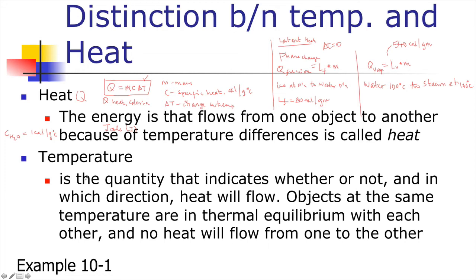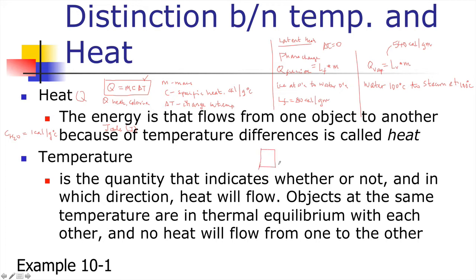Then of course there's temperature. We already talked about temperature. Temperature is a quantity that indicates whether or not and in which direction heat flows. Heat always flows from a higher temperature to a lower temperature.